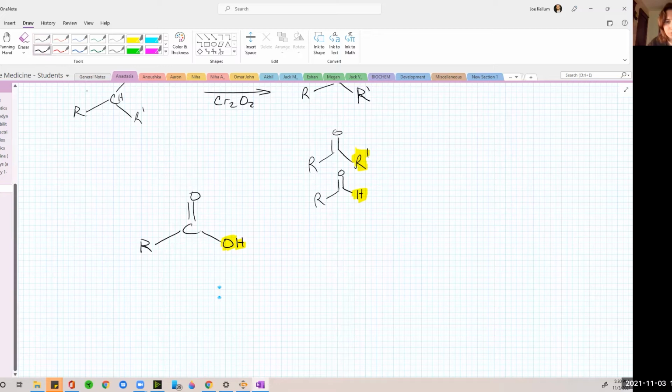You could be a smartass. The one answer that I don't want you to give me, because you'd be right but it'd be missing the point, is something like this: if that's fluorine here, because technically that's more oxidized. Just fluorine, because fluorine is the only thing more electronegative than oxygen.